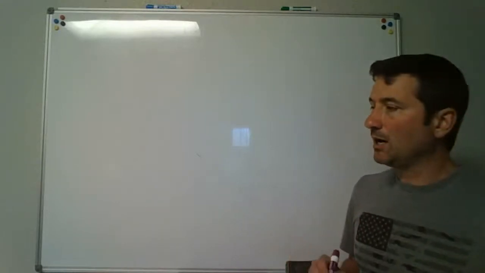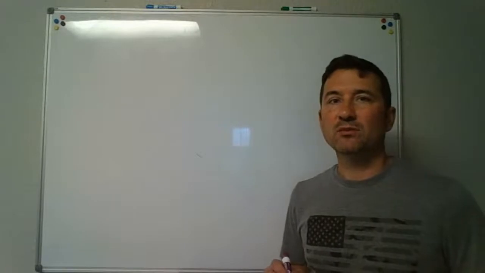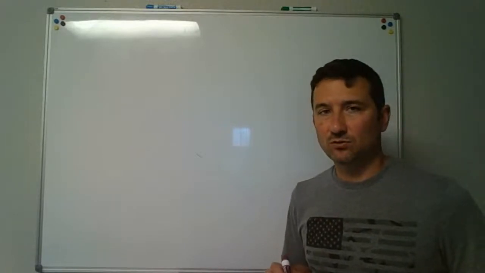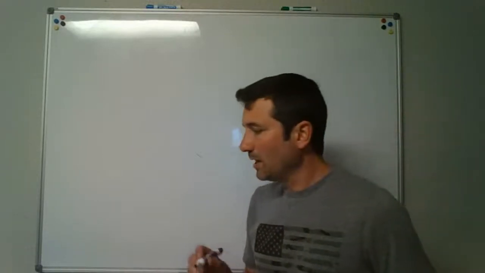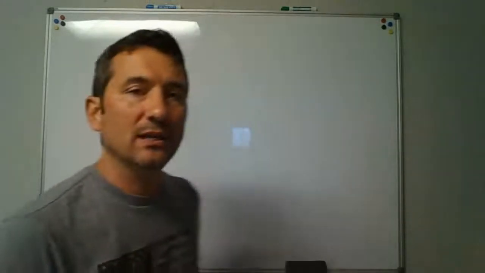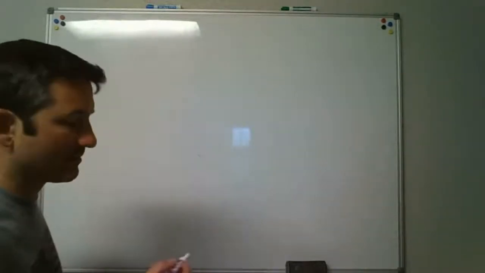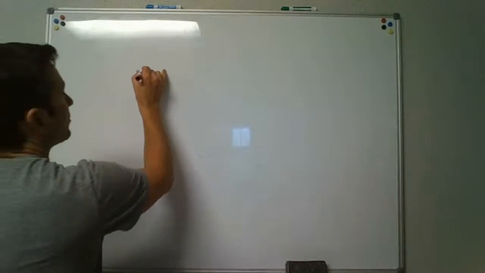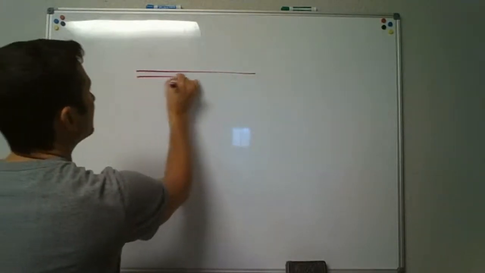So today, we're going to start to combine individual fixtures. I'm going to simplify it a little bit in the way that we are going to design this. So today we're going to do a bathroom group.